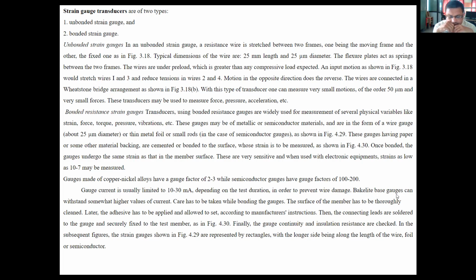Finally, the gauge continuity and insulation resistance are checked. The strain gauges shown in figure 4.29 are represented by rectangles with the longer side being along the length of the wire, foil or semiconductor.